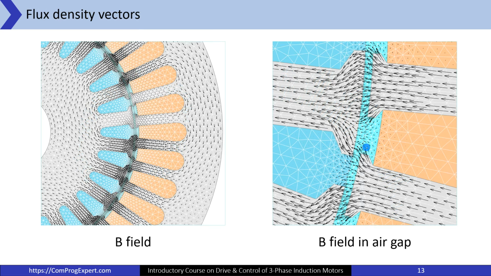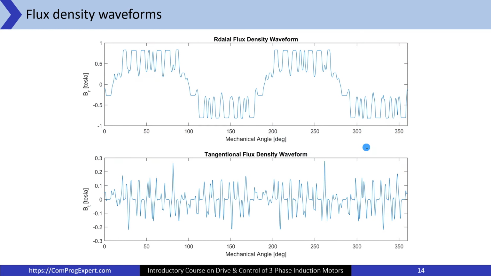Here you can see the flux density vectors also inside the rotor and stator laminations. I generated these two graphs using EMD-Lab. This is the radial component Br, and here we have the tangential component Bt. Clearly, you can see the effect of slot openings.